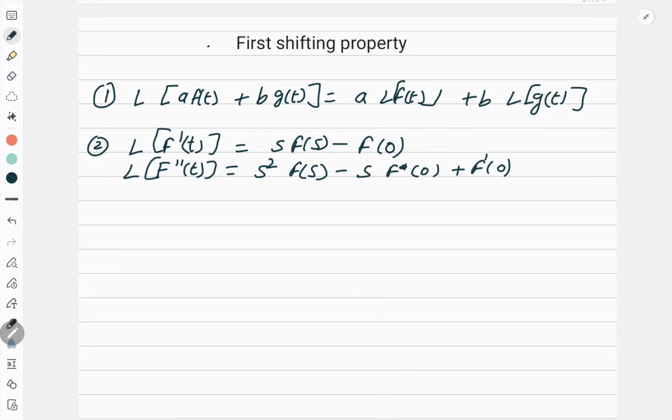This way I can write down the third derivative also, s cubed F(s) minus s squared f(0) minus s f dash 0 minus f double dash 0.